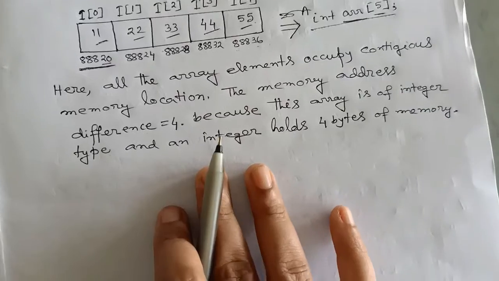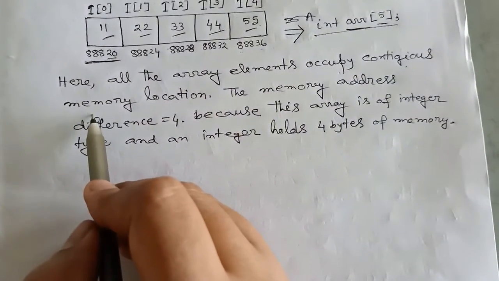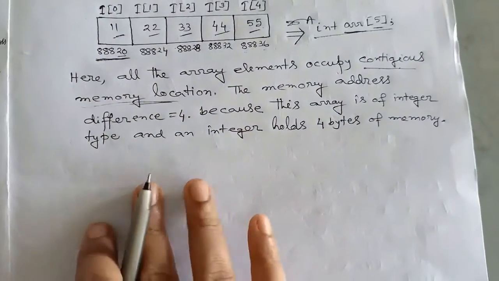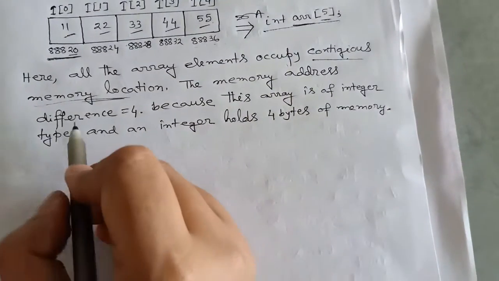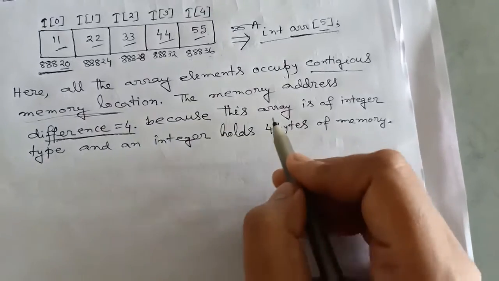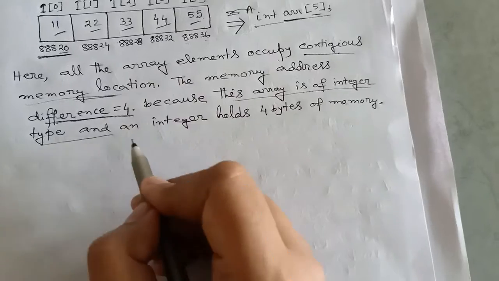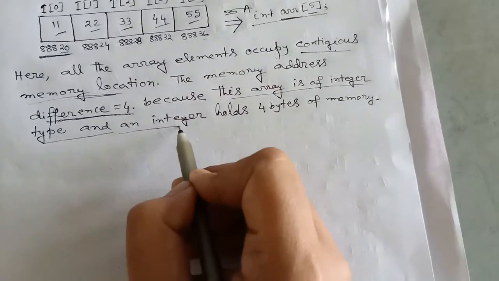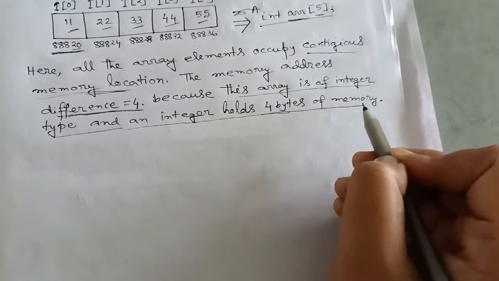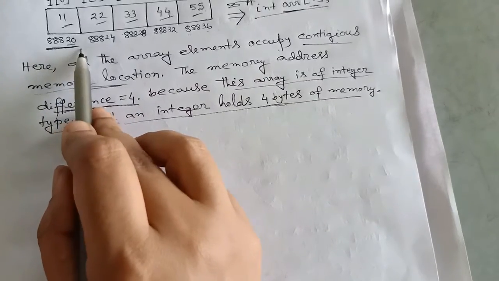So here all the array elements occupy contiguous memory locations. The memory address difference here is equal to 4. Why? Because this array is of integer type, and an integer holds 4 bytes of memory. So the difference of the addresses should be 4.